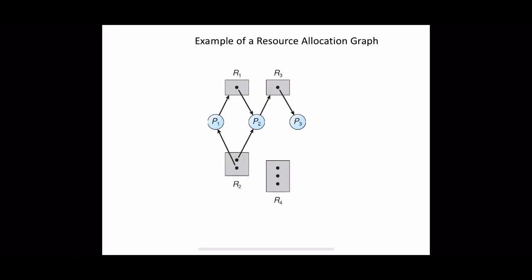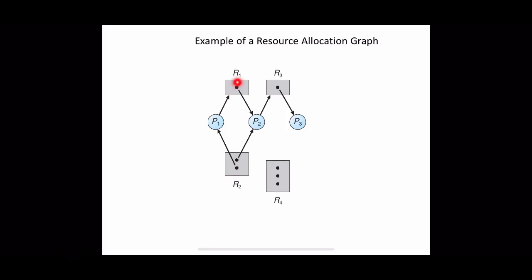A simple example for a resource allocation graph in which we have 4 different resource types, R1, R2, R3 and R4, and 3 different processes, P1, P2 and P3. And we have a set of edges, either request edges or assignment edges. Let us see some of the edges in this graph. We have an edge from P1 to R1. That means P1 is requesting an instance of resource type R1.